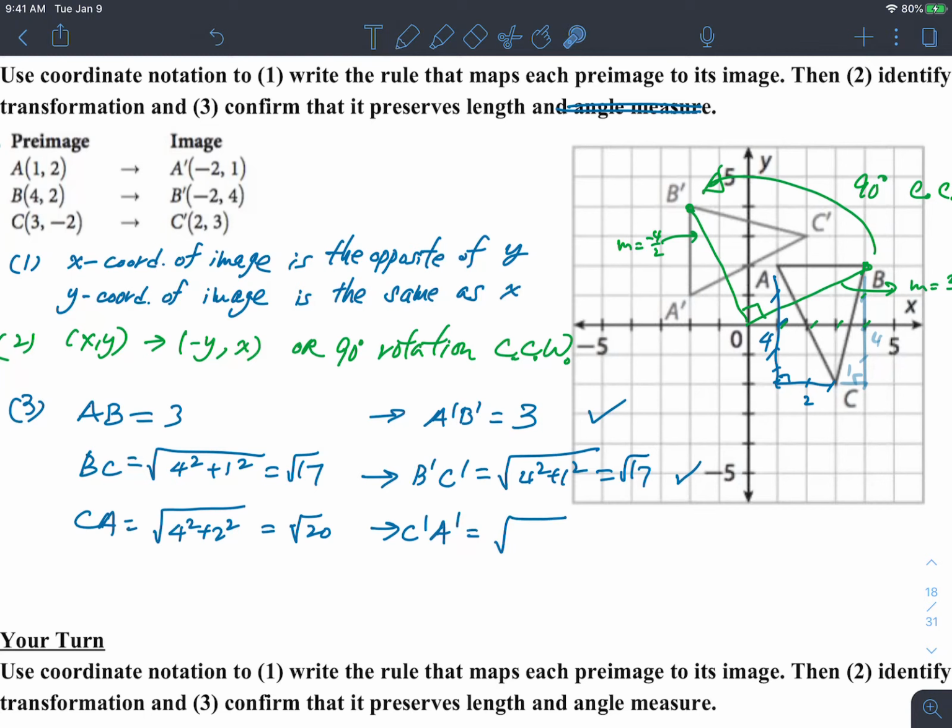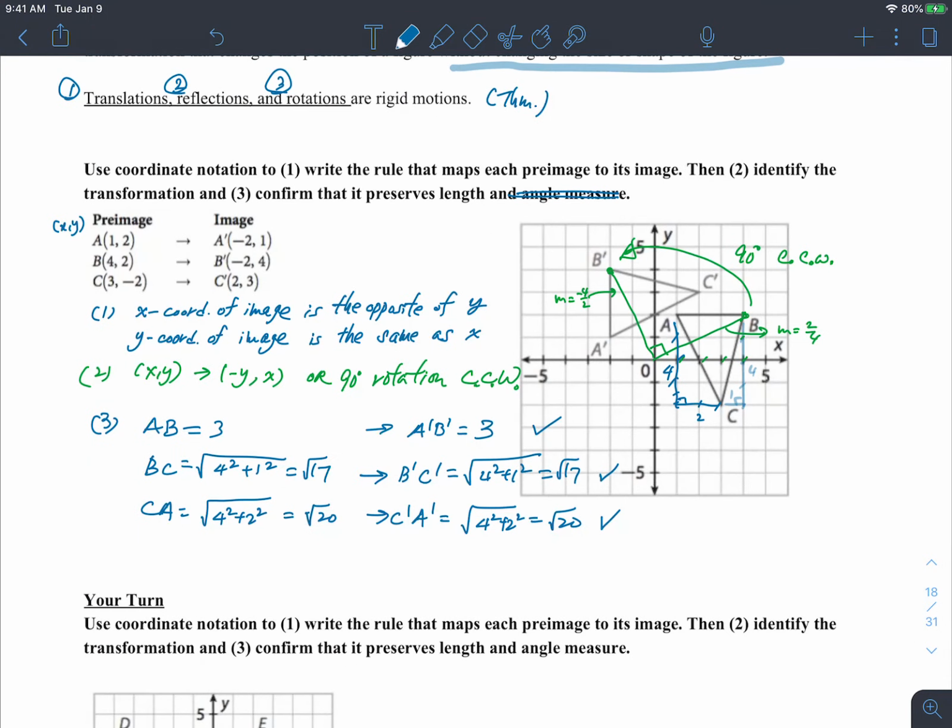If you look at the shape over here, you make a right triangle. That is 1, 2, 3, 4 this way, and vertically, it's 1, 2. So it's 4 and a 2, right? So it's 4 squared plus 2 squared. And we know it's root 20. Both root 20, CA and C prime A prime. So yes, the length is preserved.